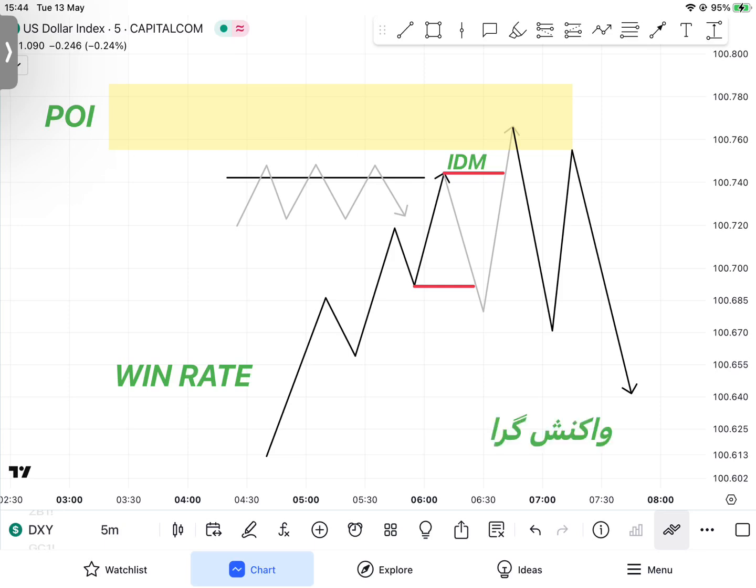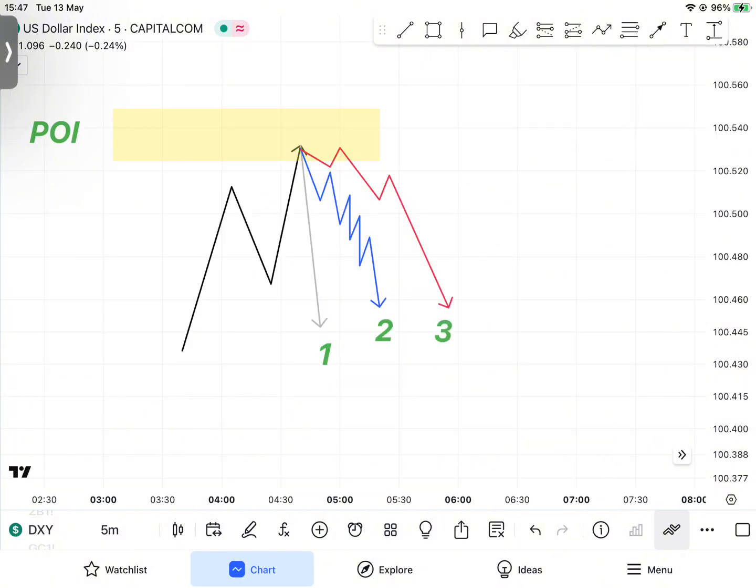What does it mean? What do we mean by this talk? See, for example, here we have a POI zone, and we have one such level that we identified for you. How this comes back is very important to us.